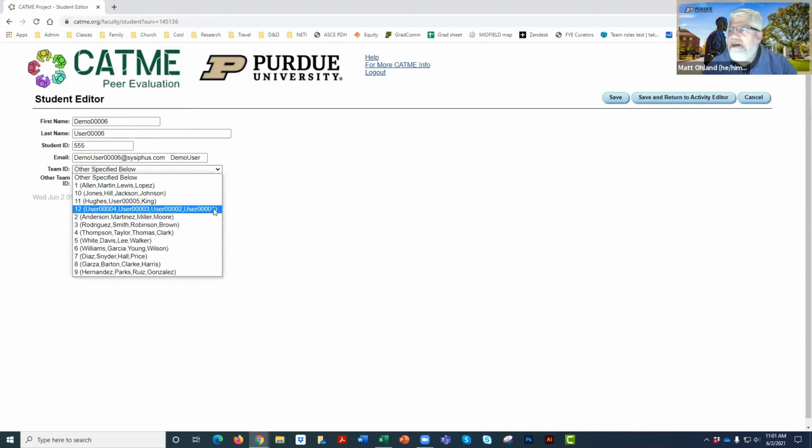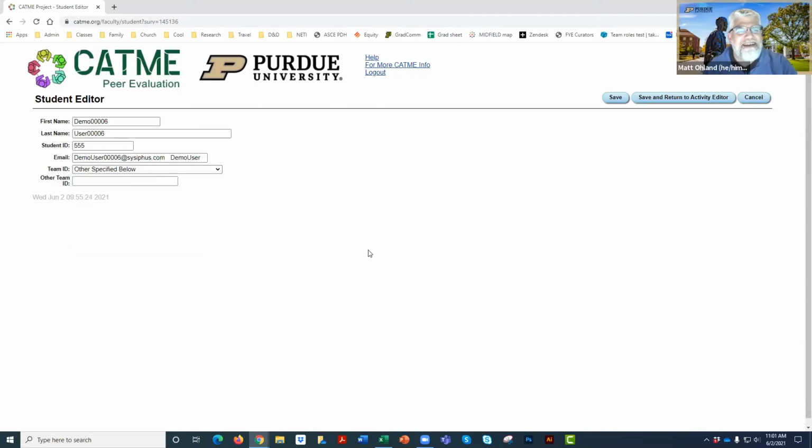I need to assign demo user 6 to a team. Hold on, I need to find out what team Natalie was supposed to be in. All right, good. Natalie gets put into team 7.